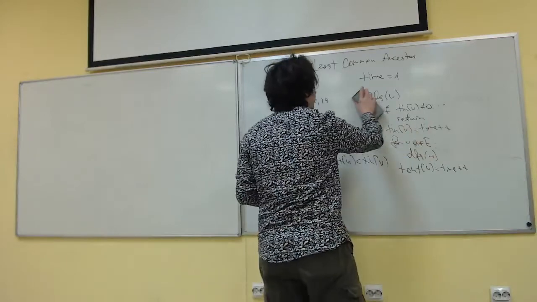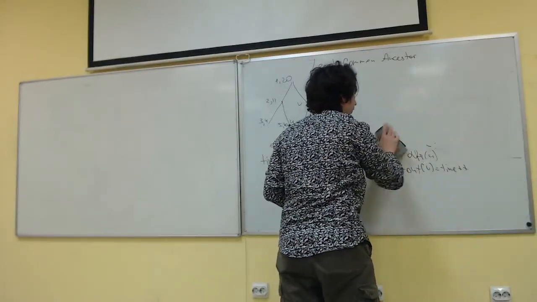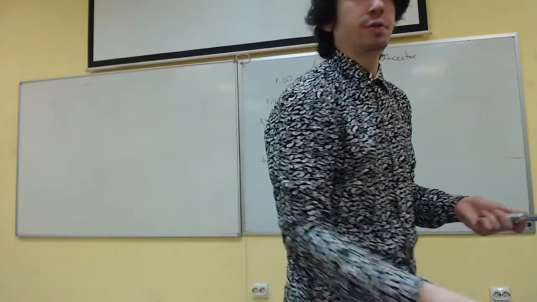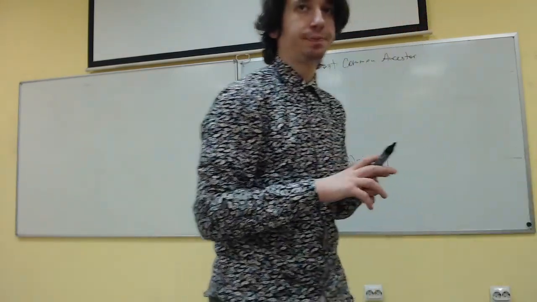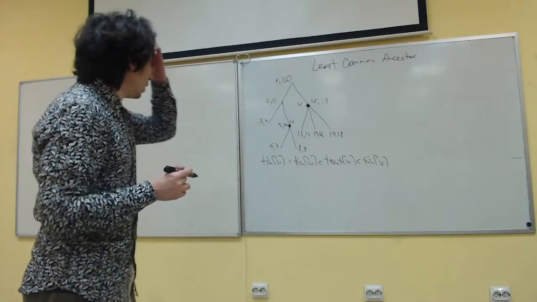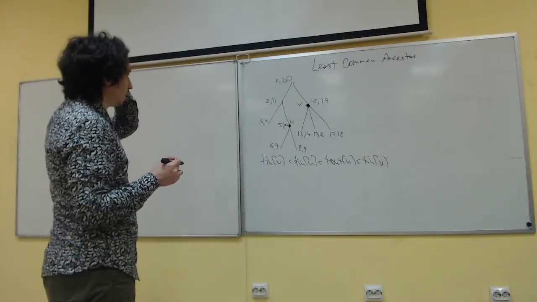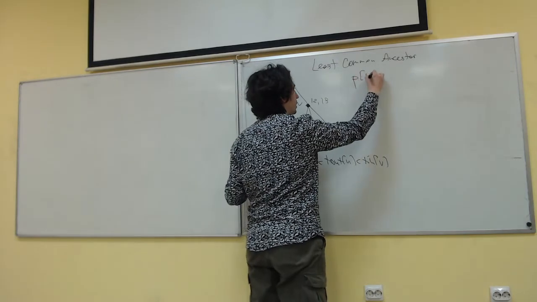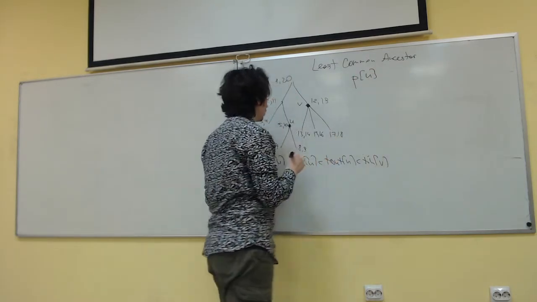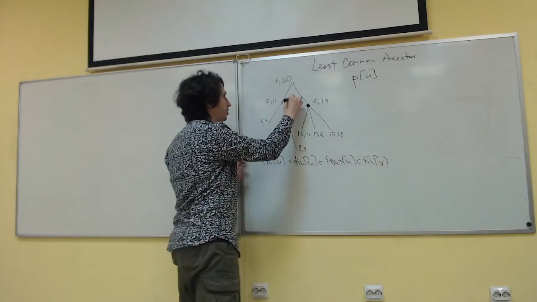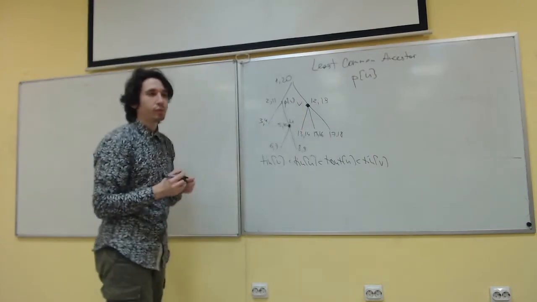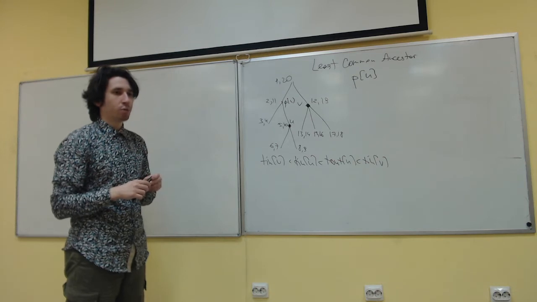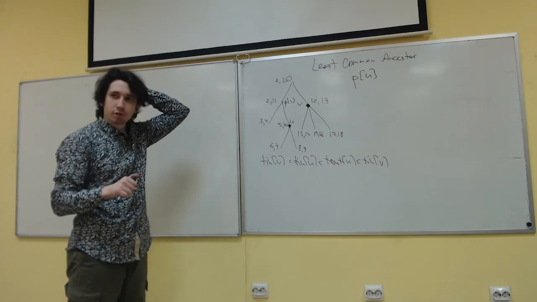Okay, so we already know how to check whether one vertex is the parent of another. So this is a good start. For example, suppose that for each node we know its parent. So for u, this one is the parent of u. Can we come up with an algorithm that works by the height of the tree?